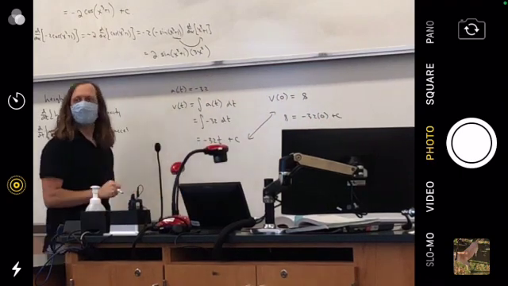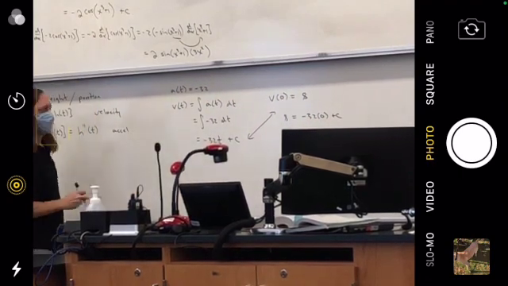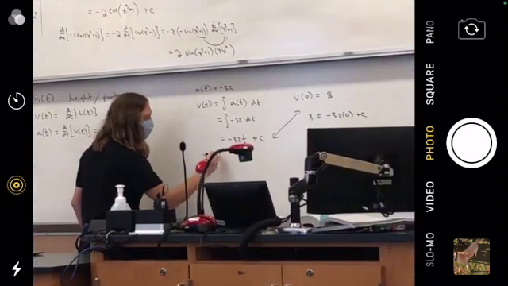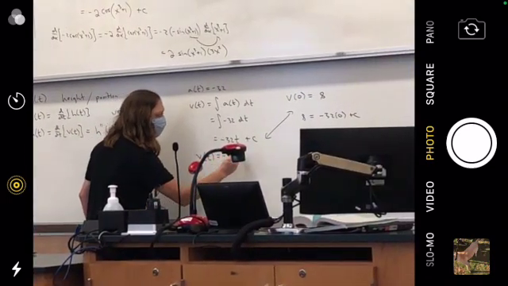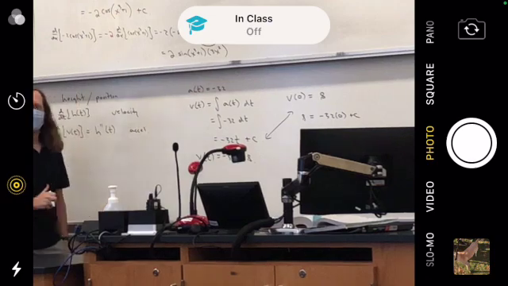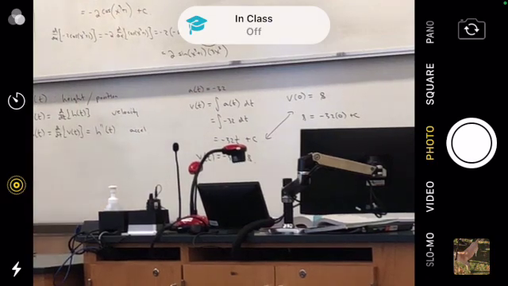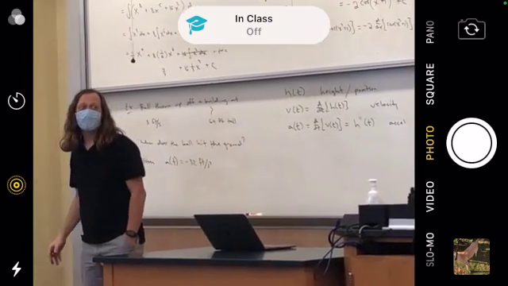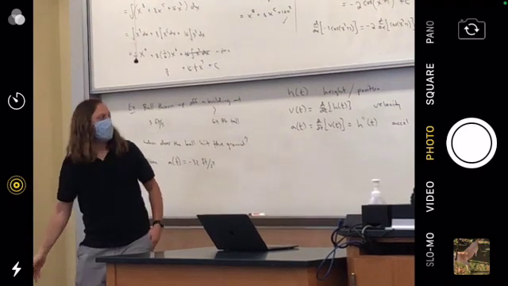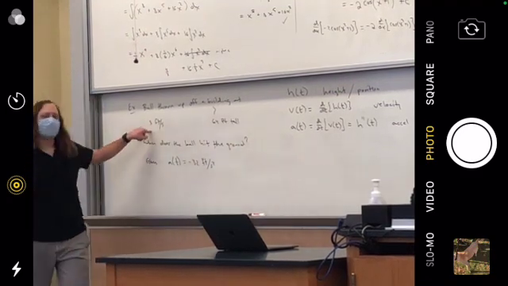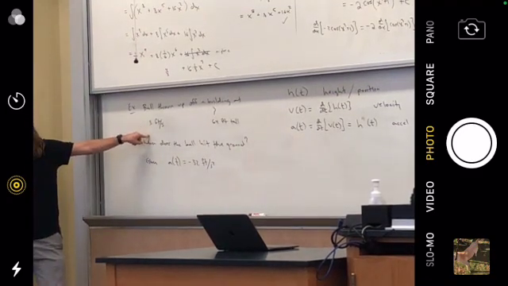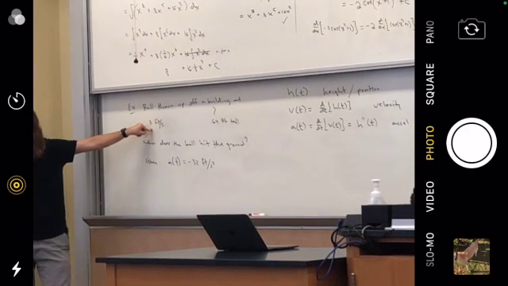C must be 8. So my actual velocity is negative 32t plus 8. In general, there's this arbitrary constant, but it's not arbitrary here because I know my initial velocity. Whenever you're given numbers like this, it tells you a little bit more about it.